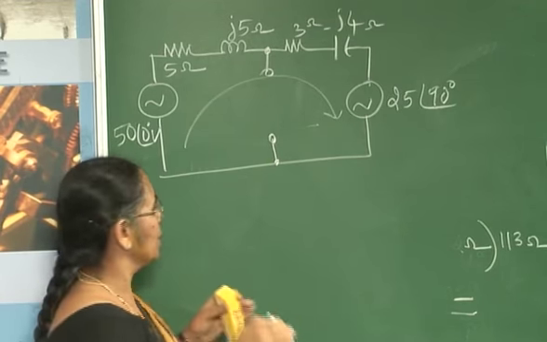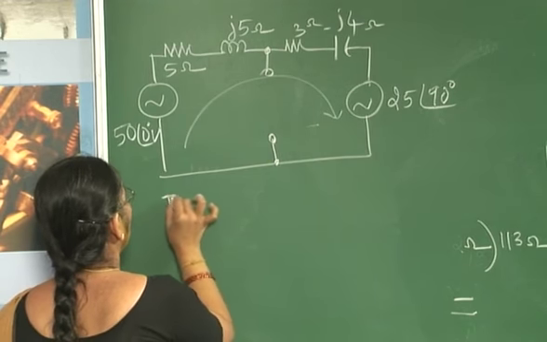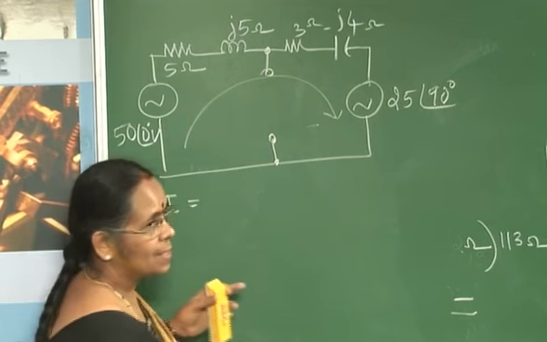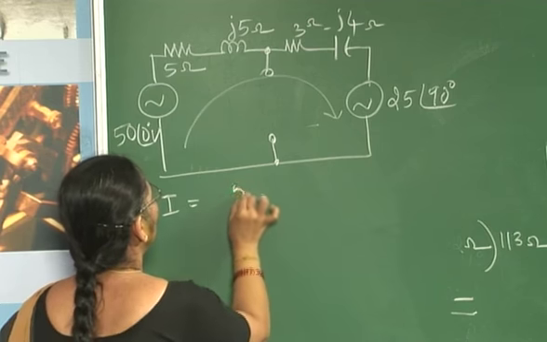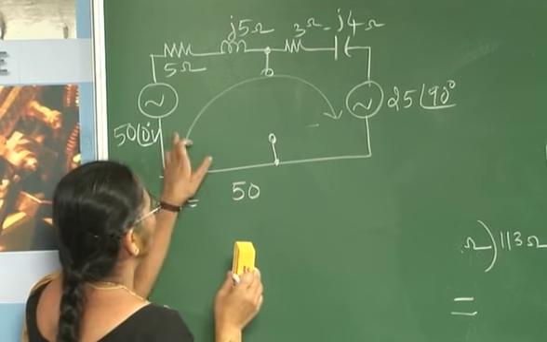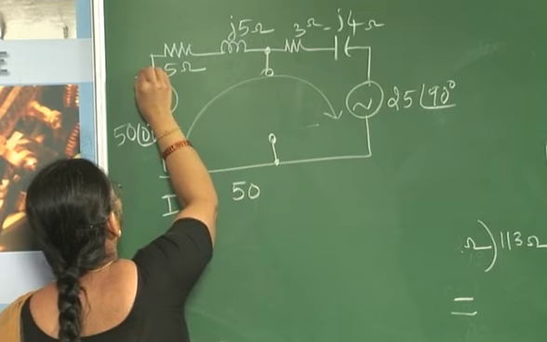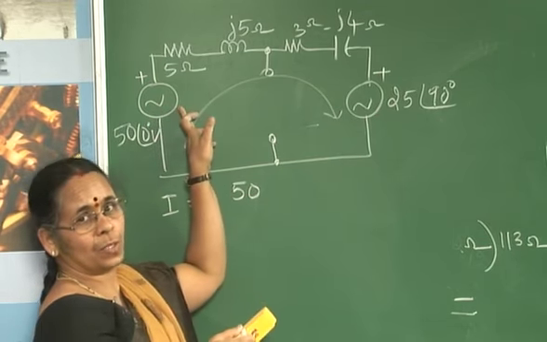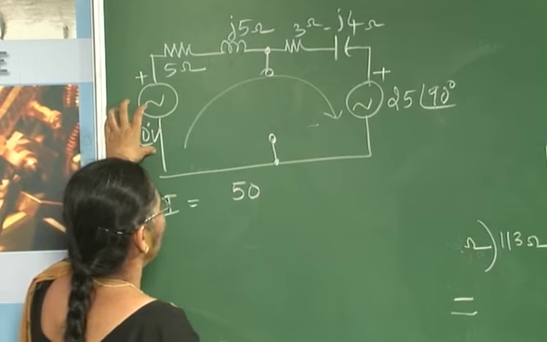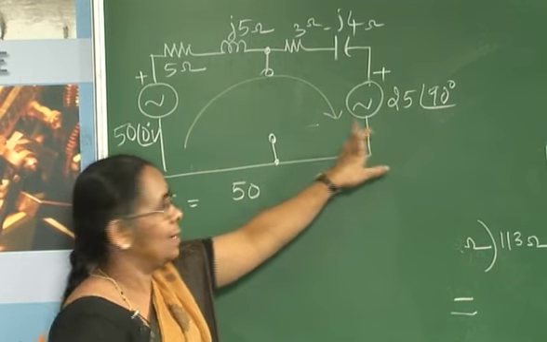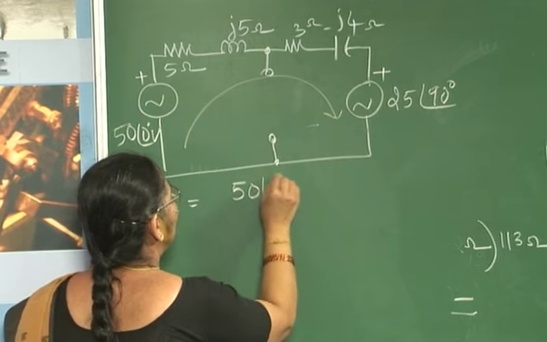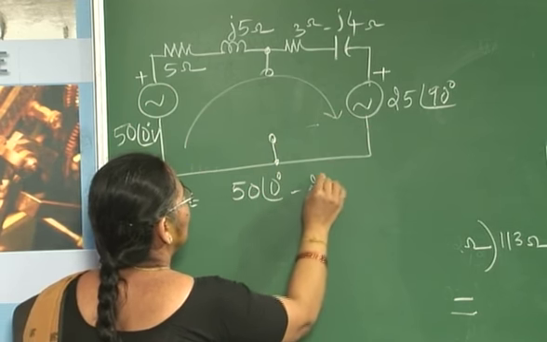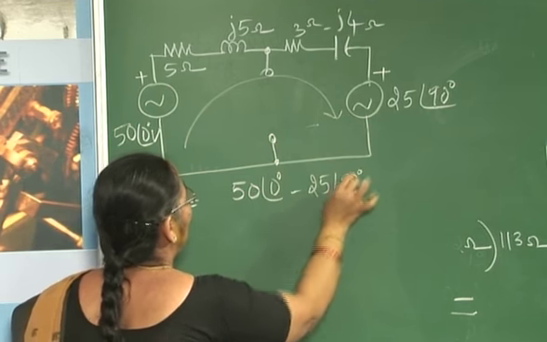When a single loop is there, you can find the current I, which is equal to 50. There are two sources, and I have not marked the polarity, both of them have positive polarity in the upward position. So 50 at an angle 0 minus 25 at an angle 90 is the total voltage applied to the circuit.